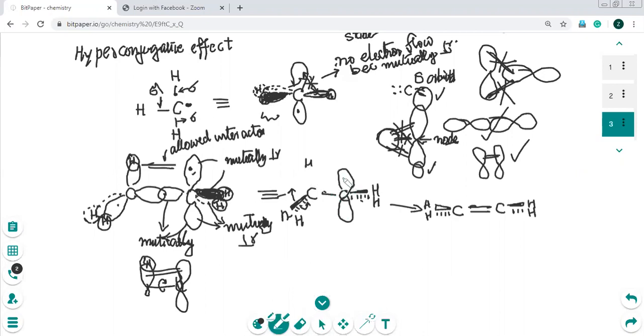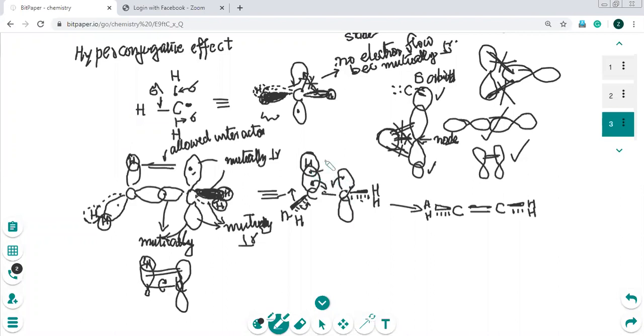Now see, one electron and this orbital electron. See here, electron in this orbital. Now, see this. This undergoes homolytic fission, and this also participates here. Draw correctly.